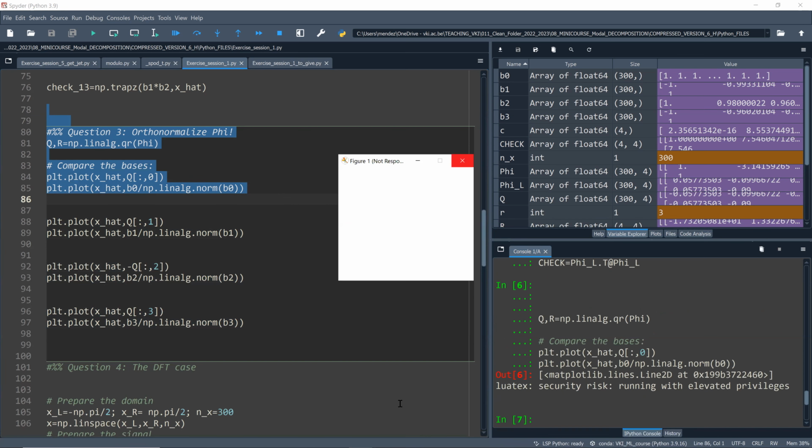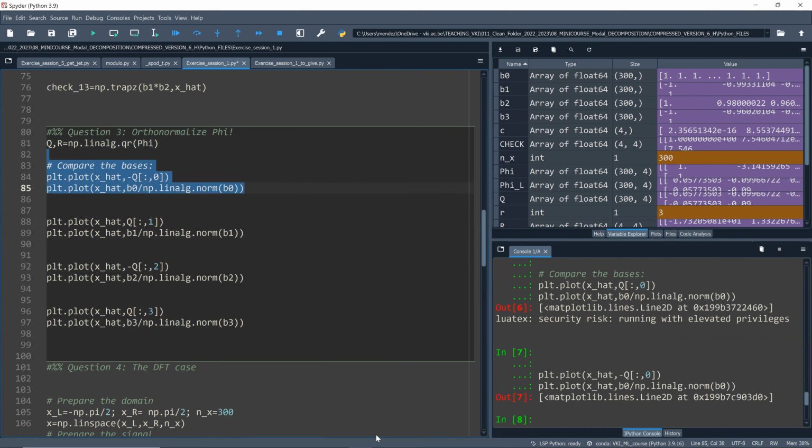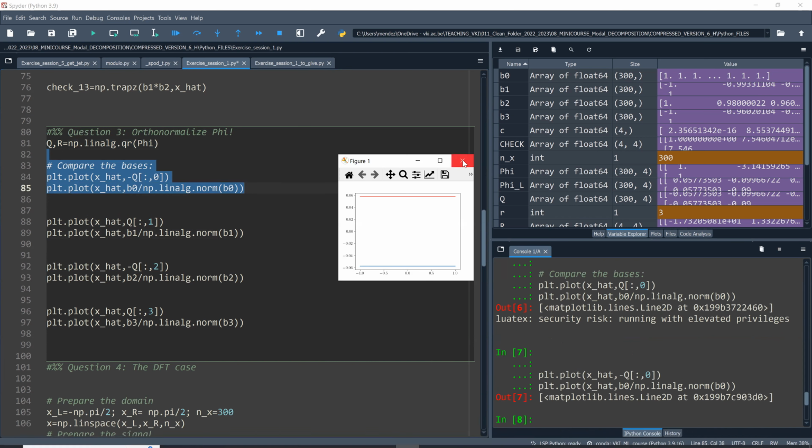This matrix, let's put it like that, just tells you how much the Gram-Schmidt or Householder reflection had to work to make it orthonormal. If this was already orthonormal, this would be identical. So the first one, for example, I get with a minus difference. They are all defined up to a minus sign.